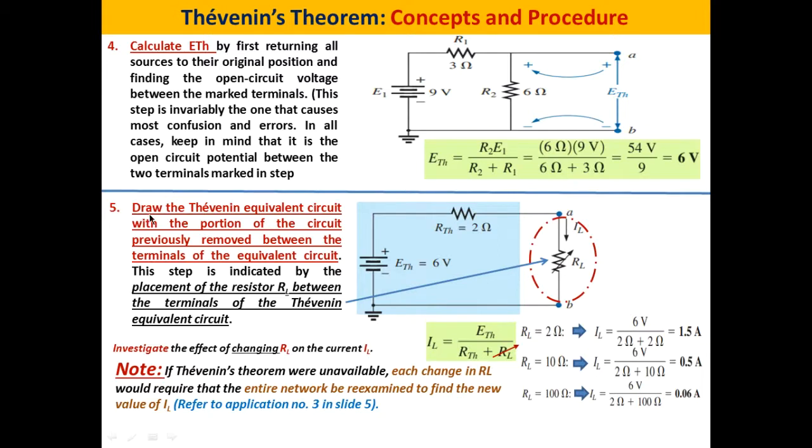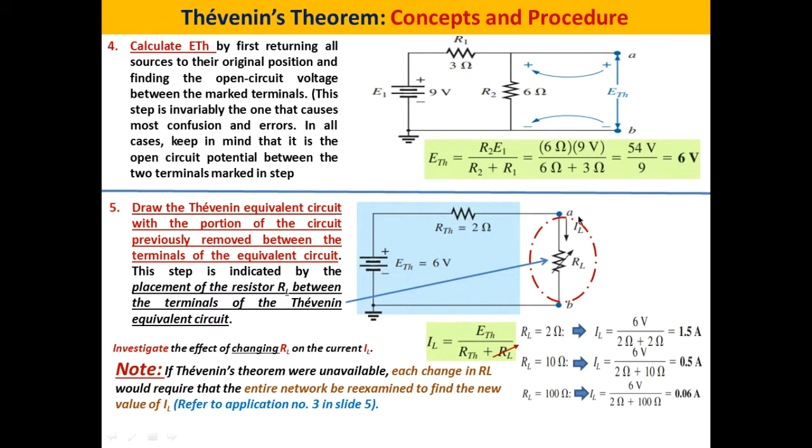So here, step number 5 is to draw the Thevenin equivalent circuit with the portion of the circuit previously removed between the terminals A and B of the equivalent circuit. This step is indicated by the placement of the resistor RL between the terminals of the Thevenin equivalent circuit.